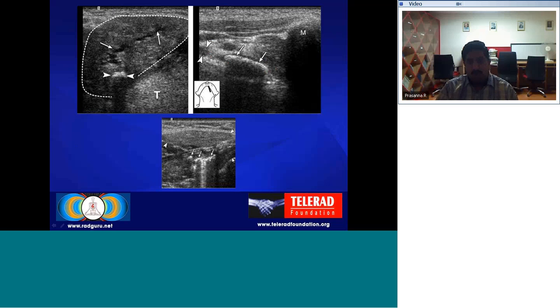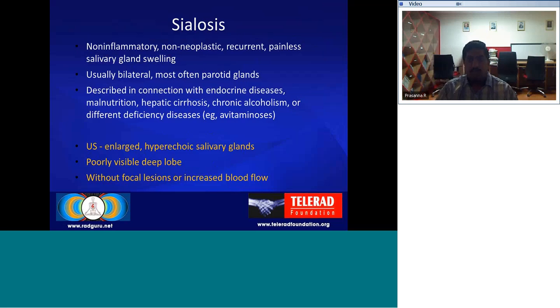We should be careful not to confuse air bubbles, which have a dirty appearance, with the clear acoustic shadowing seen in calculi. That's one of the pitfalls that can be mistaken for sialolithiasis.